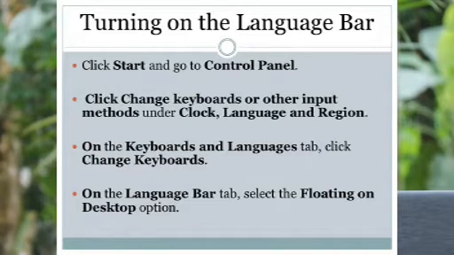In that, select the language bar tab. Under the language bar you can see floating on desktop. Just click on floating on desktop. Then you can see OK, cancel, apply, so you can click on OK.